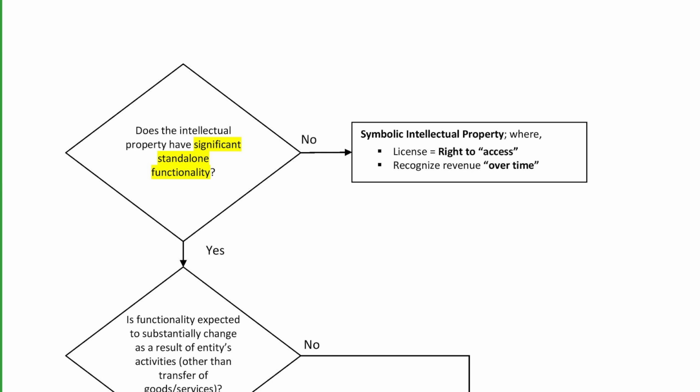If it's no, then it is a symbolic intellectual property where license equals right to access, and revenue is recognized over time. And right there, SAT for Saturdays, symbolic equals access over time.